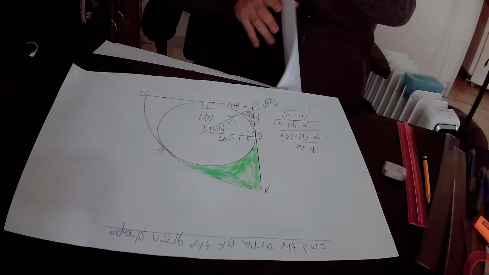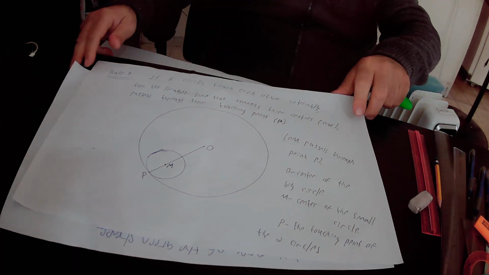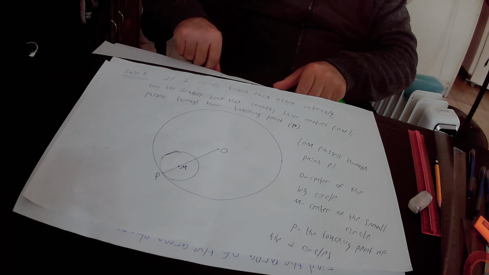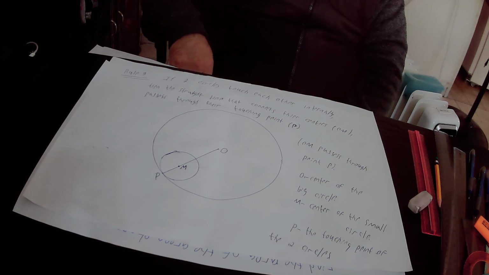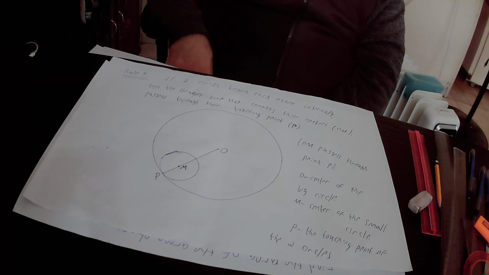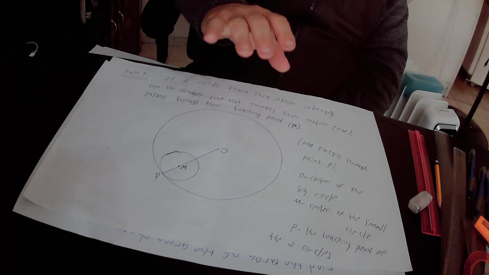The new rule is rule 9. According to rule 9, if two circles touch each other internally, then the straight line that connects their centers together must pass through their touching point. In the drawing, we have two circles.